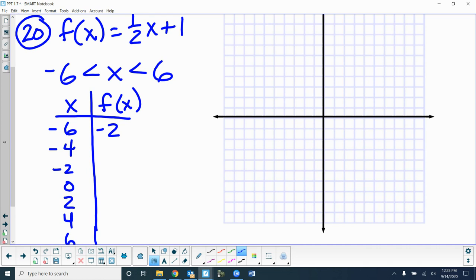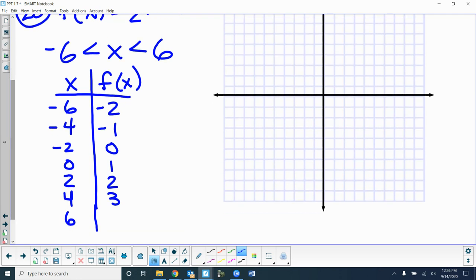Half of -4 is -2, plus 1 is -1. Half of -2 is -1, plus 1. Half of 0 is 0, plus 1. Half of 2 is 1, plus 1. Half of 4 is 2, plus 1. And half of 6 is 3, plus 1.